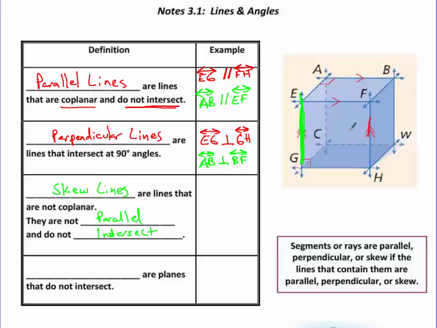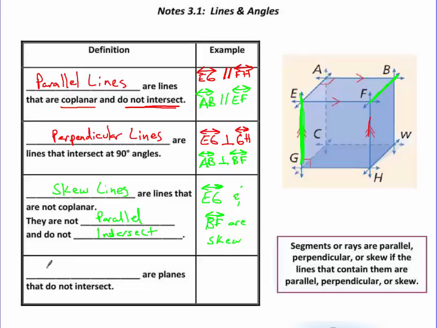And now we need a line that's not parallel to it, not coplanar to it, and doesn't intersect with it. So this line up here, BF, so we could say that EG, line EG, and line BF are skew. You see they're not in the same plane, they don't intersect, and they're also not parallel.